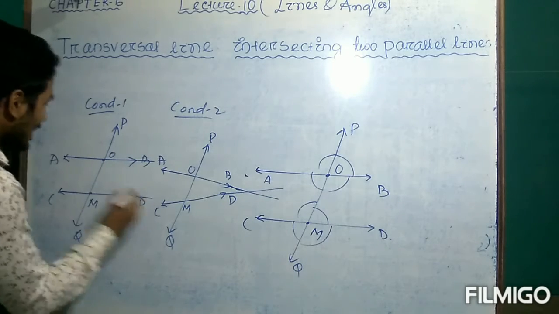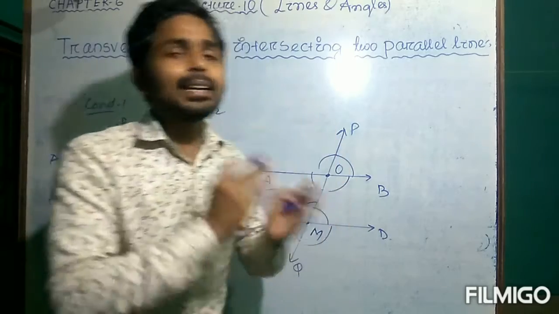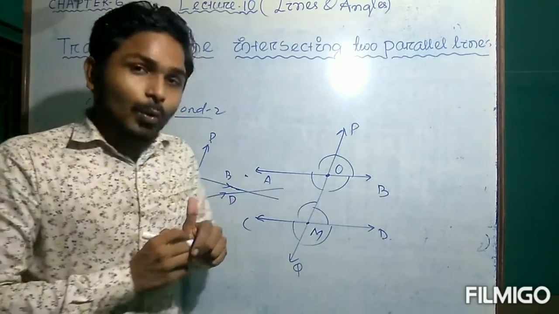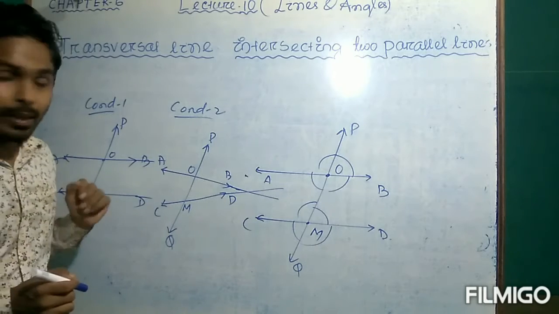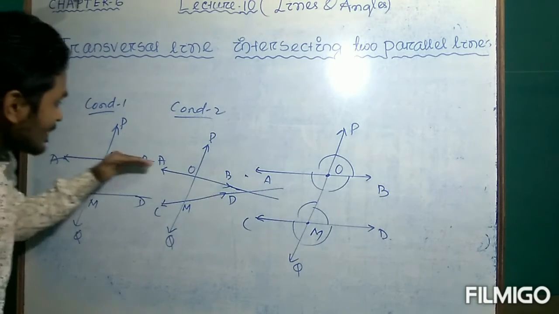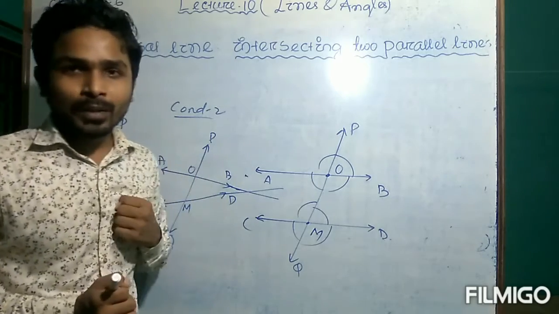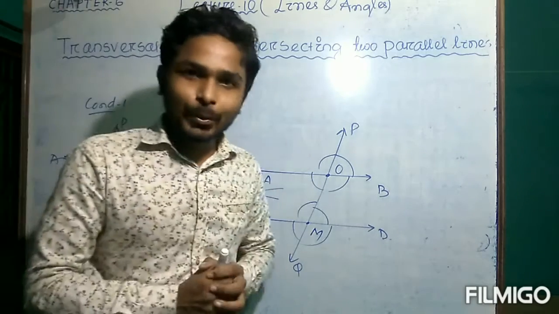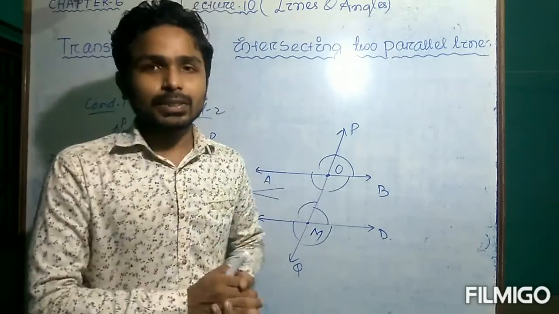If you extend them in any direction, they will not meet each other or they will not intersect each other. Now, we will discuss this condition. The condition is that whenever a transversal line intersects two parallel lines, what are the angles formed? What is the relationship among those angles? We will discuss that concept in this lecture.